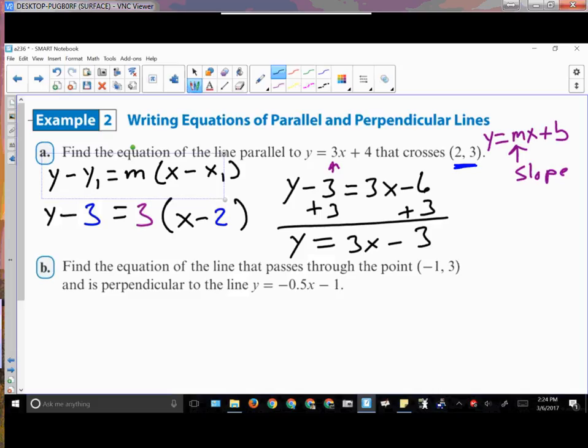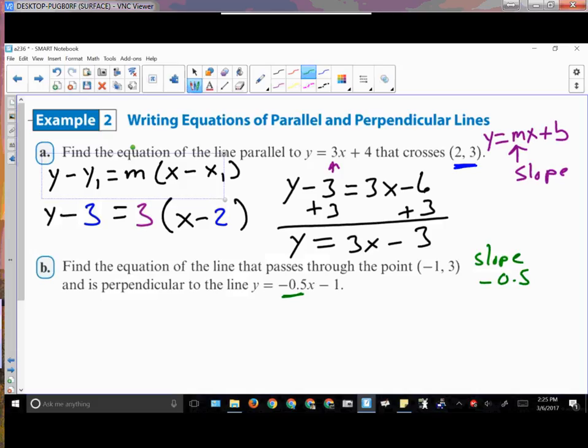Okay. Now we're supposed to find the equation of a line that passes through the point negative 1, 3 and is perpendicular. So again, we need to take a look at the slope. Well, it has a slope right here of negative 0.5.